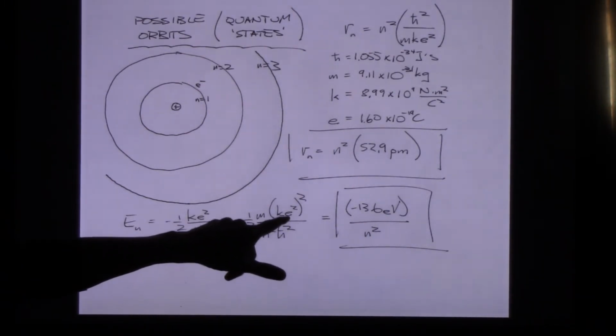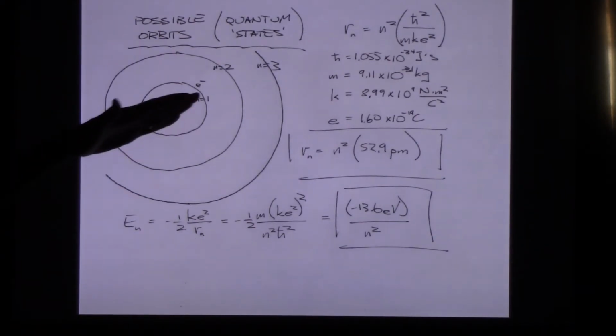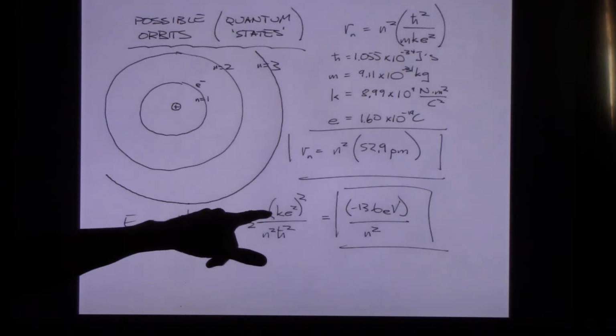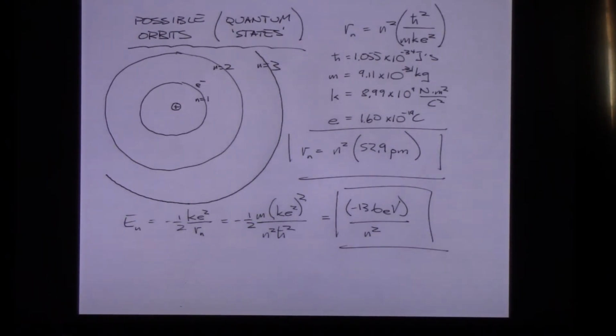The formula for the energy of the different quantum states involves m, k, e squared. Again, the k here is the electric magnetic force constant from Physics 4B. It is not Boltzmann's constant. It is not a spring constant. It's not thermal conductivity. How many things have we used little k for?